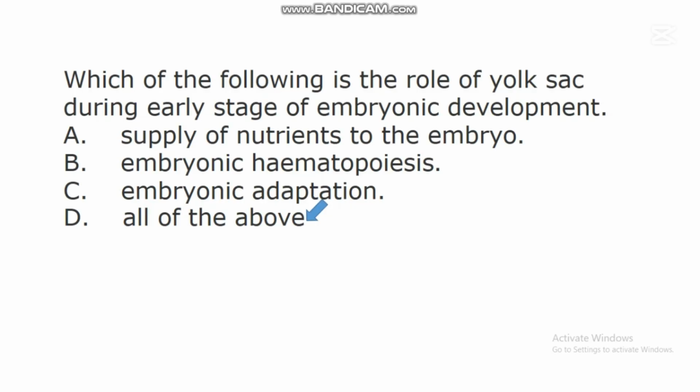At the early stage of embryonic development, the yolk sac will help in production of blood cells for that embryo. The yolk sac also helps the embryo to survive until the gestation period is completed. All these things are the roles played by yolk sac in ensuring proper embryonic development.